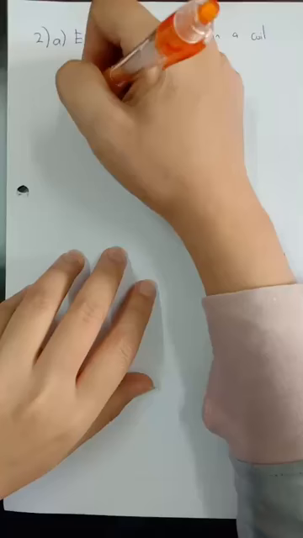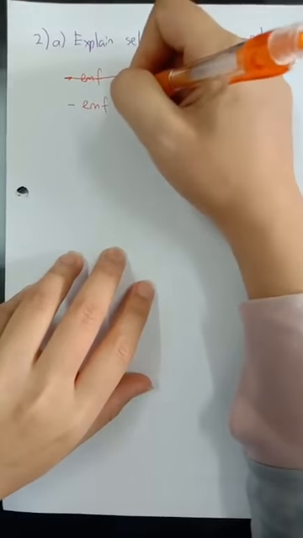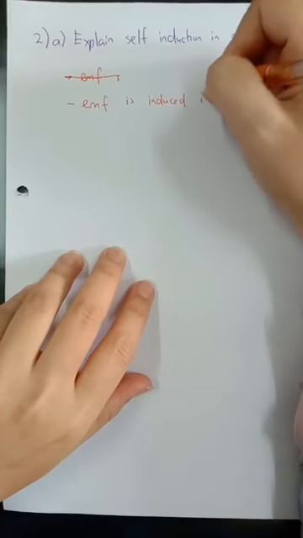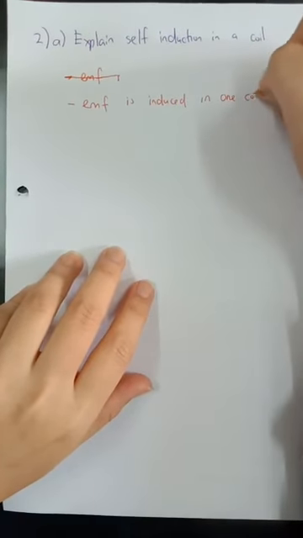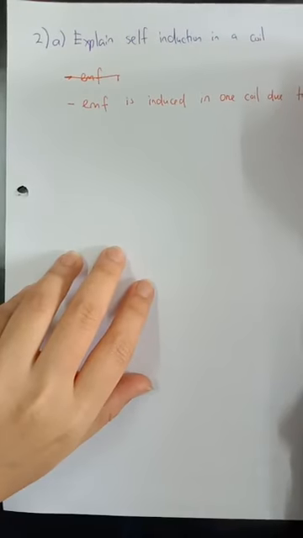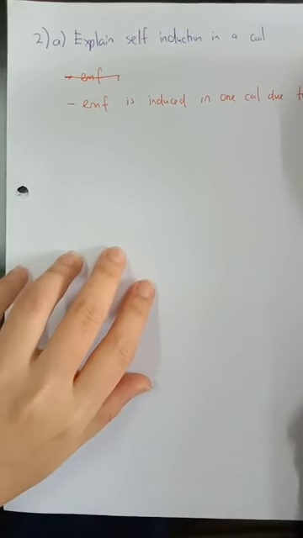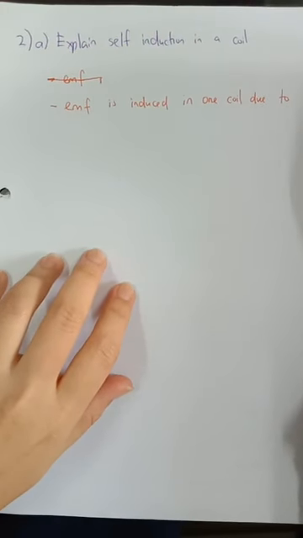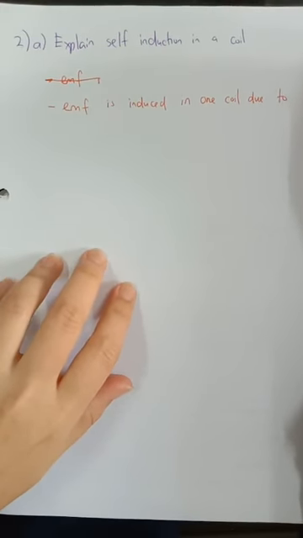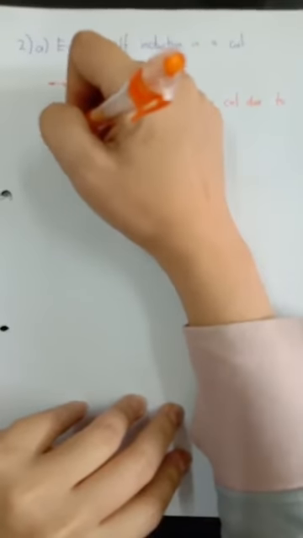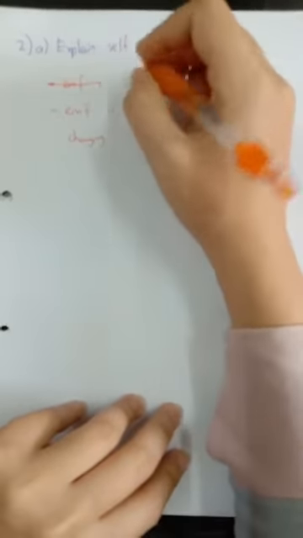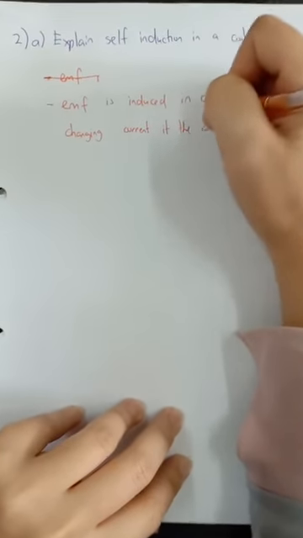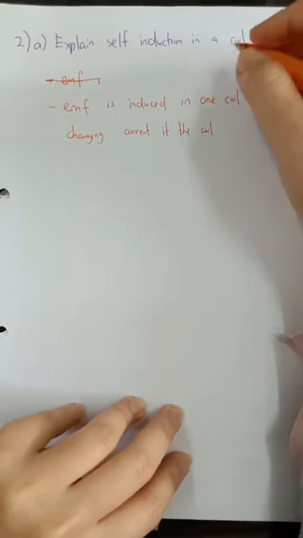So EMF is induced in one coil due to changing current in the coil itself.